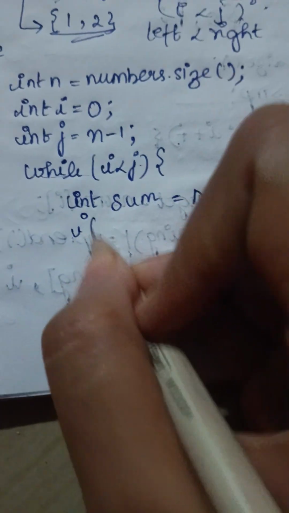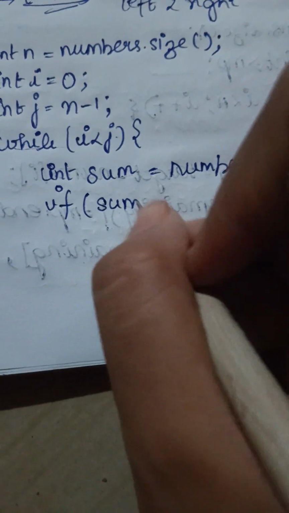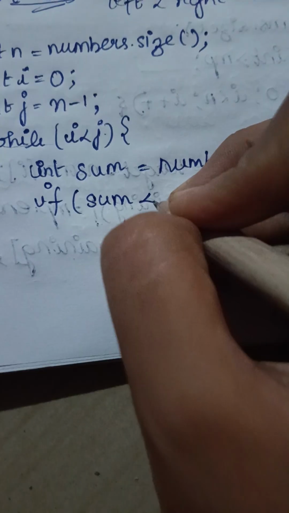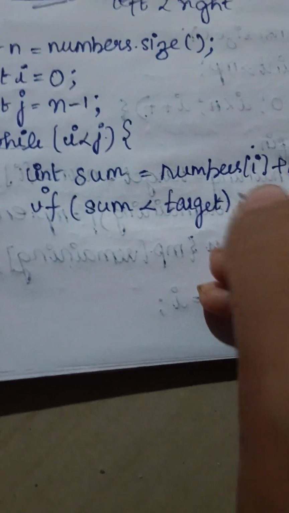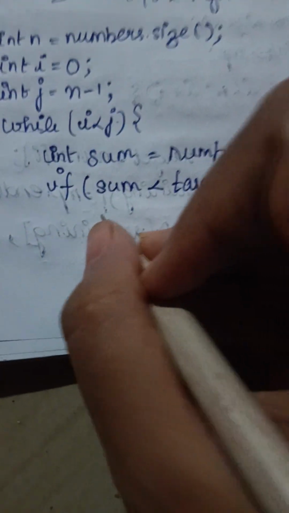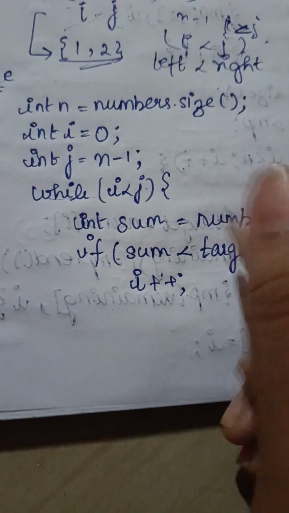In the sum, I'm just using a conditional loop. If my sum is less than the target, we have to do i++. Actually, this is the case we didn't see.